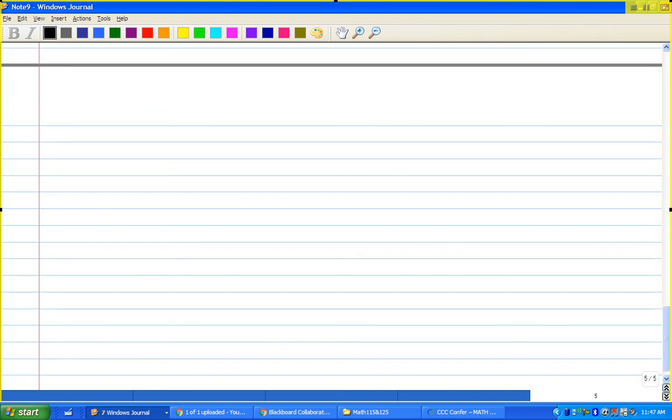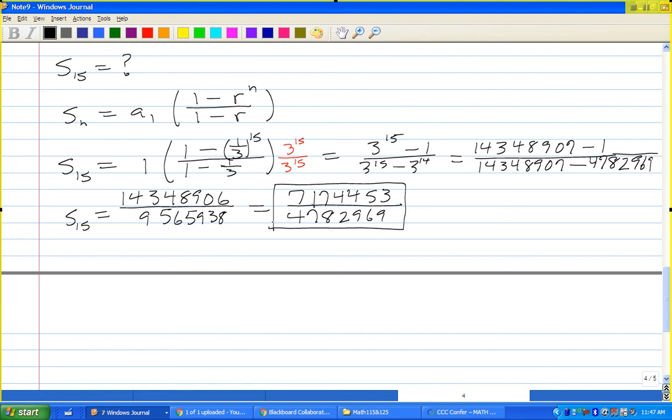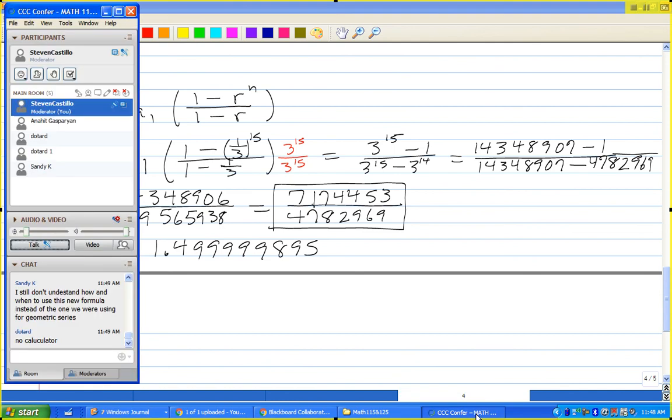And so this is your answer. The sum of the first 15 terms is approximately 1.5.